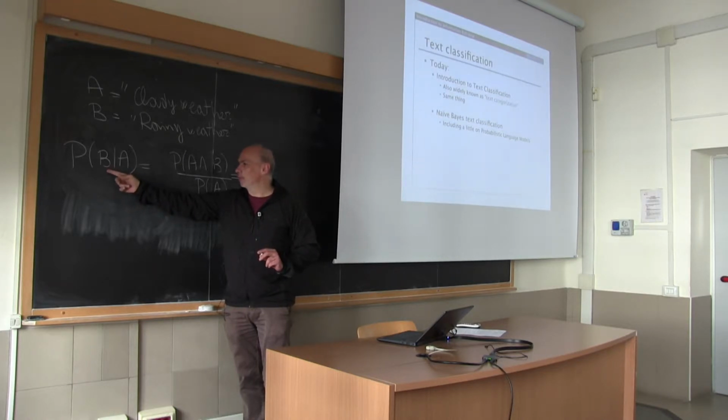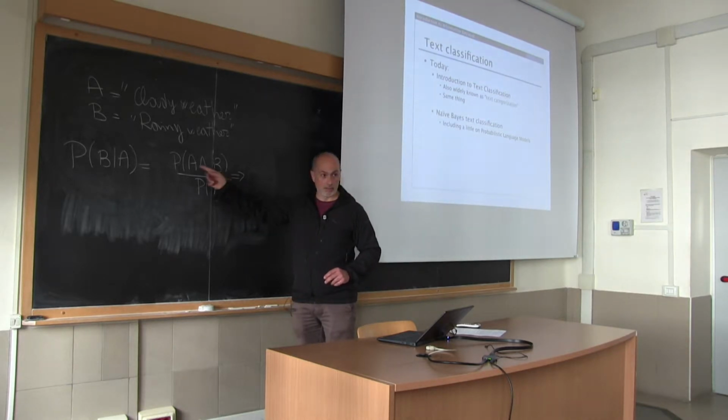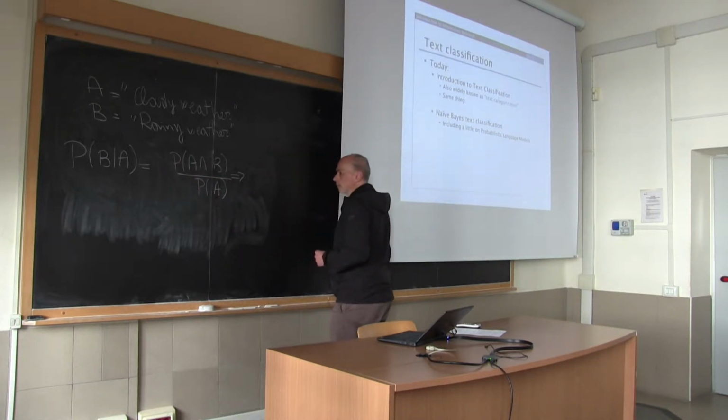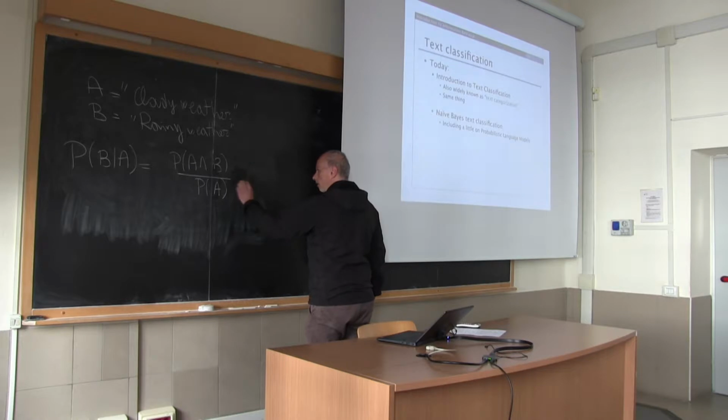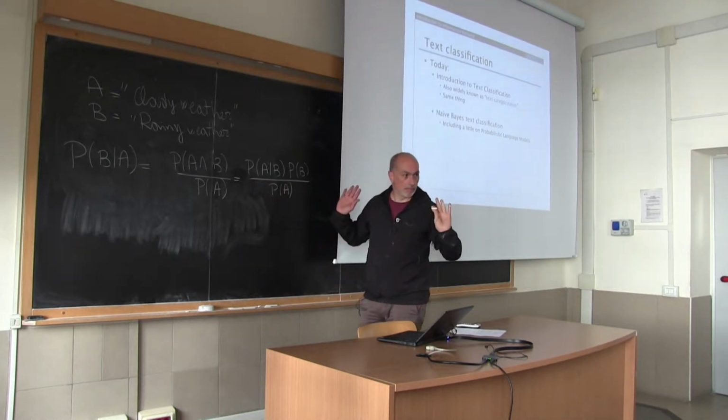Anyway, what is the probability that B happens given A? This probability is defined in the following way. This means conjunction, right? So it is cloudy and it is raining, divided by the probability of the conditioning event, which is just a normalization. If you elaborate on this formula, you can develop this just by applying the definition.